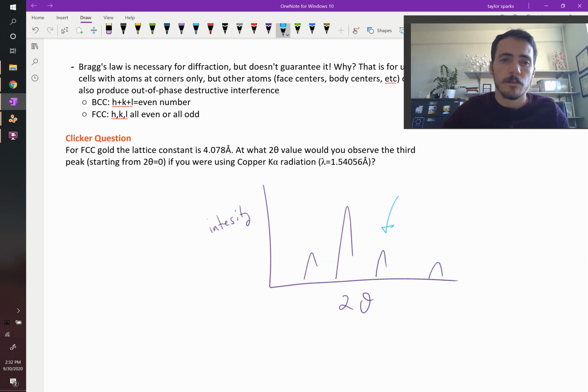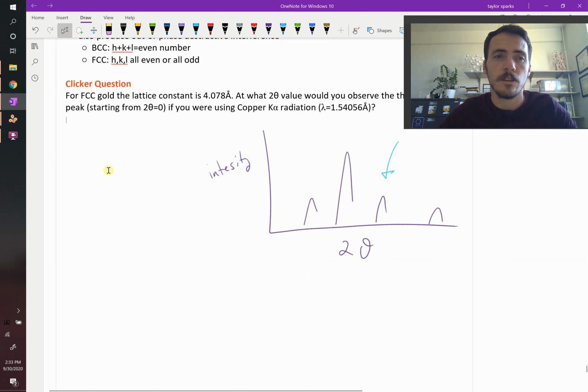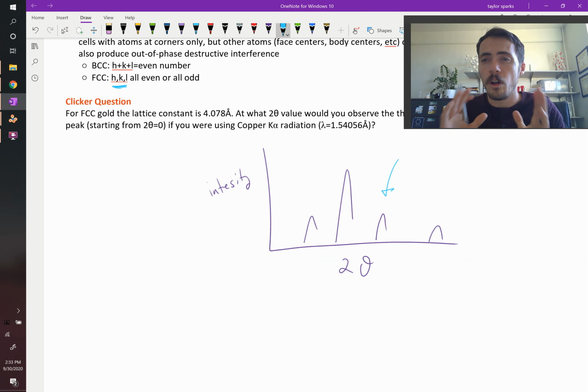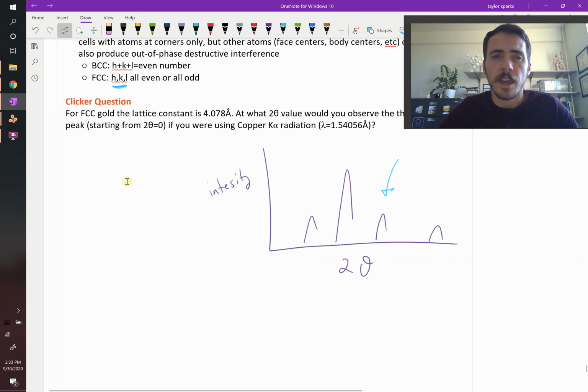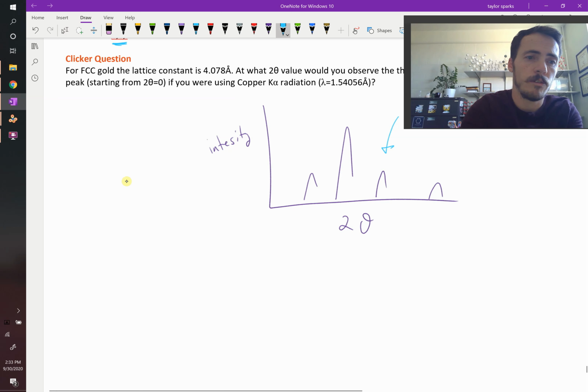How do we get started? Well, the first thing we should note is that it said it's FCC. That means it's cubic, and we will only get diffraction if H, K, and L are all even or all odd. So, what are the candidates that it might be? Let's make a list of possible H, K, L values.